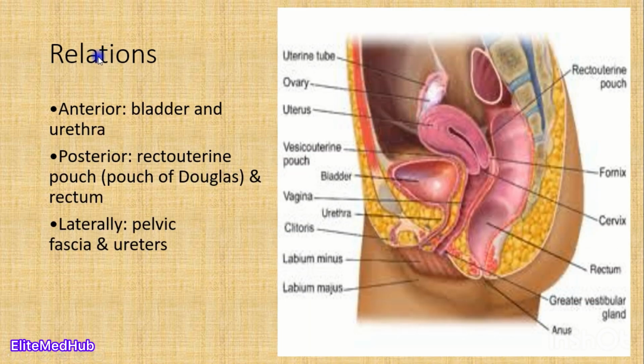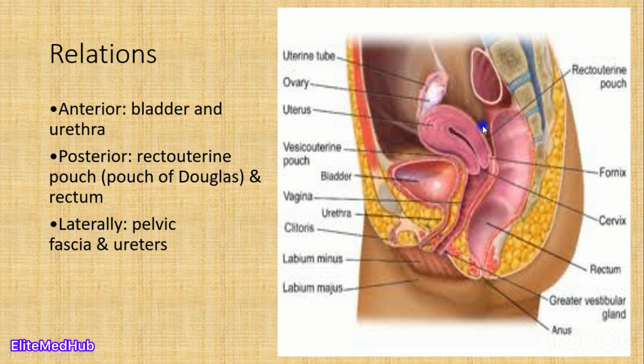So let's look at how the vagina is related to other organs in the pelvic region. Anterior to the vagina, you should expect to see the bladder and urethra. This is the vagina here. You can see the bladder and the urethra anterior to it. Then posteriorly, you expect to see the rectouterine pouch of Douglas and the rectum.